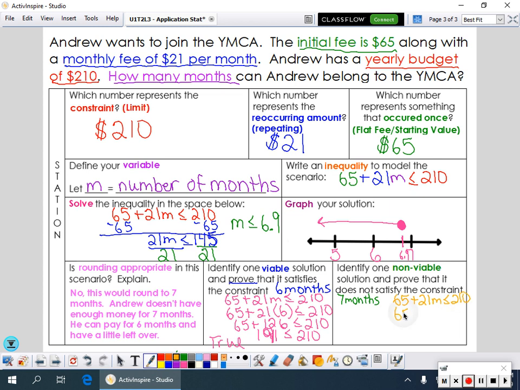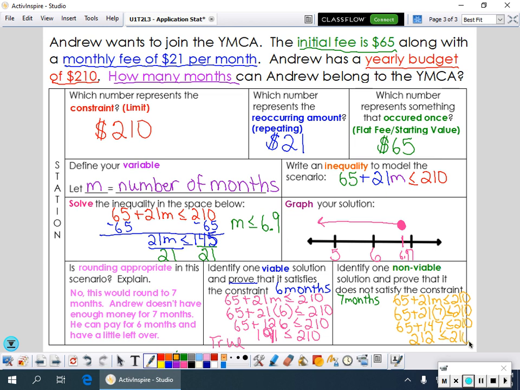So 65, my $21 for 7 months. So $21 times 7 months is going to be 147. And we want this to be less than 210. So 65 plus 147 is $212.